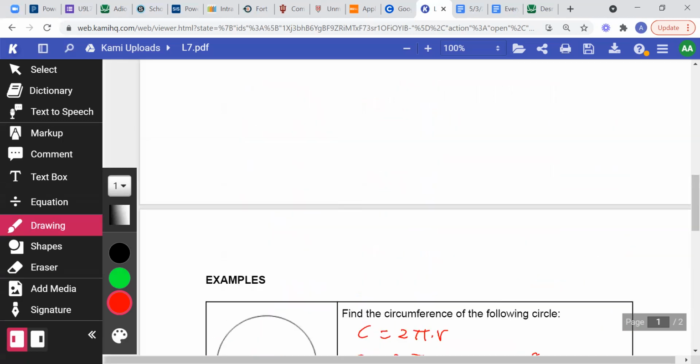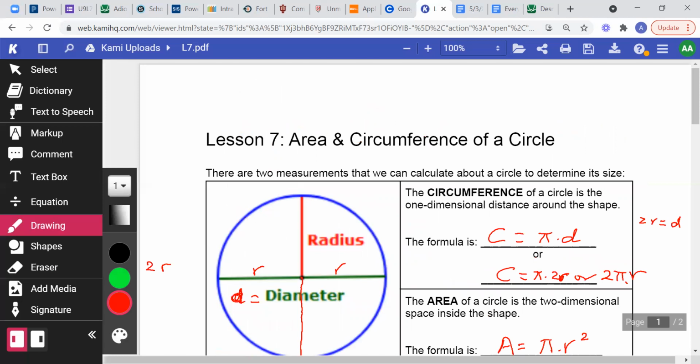So here you need to take two things home. The formula of the circumference of a circle, we have two of them. If the diameter is known, just multiply the diameter by pi. If they ask you for the approximation, know that the value of pi is approximately 3.14, but not exactly 3.14.